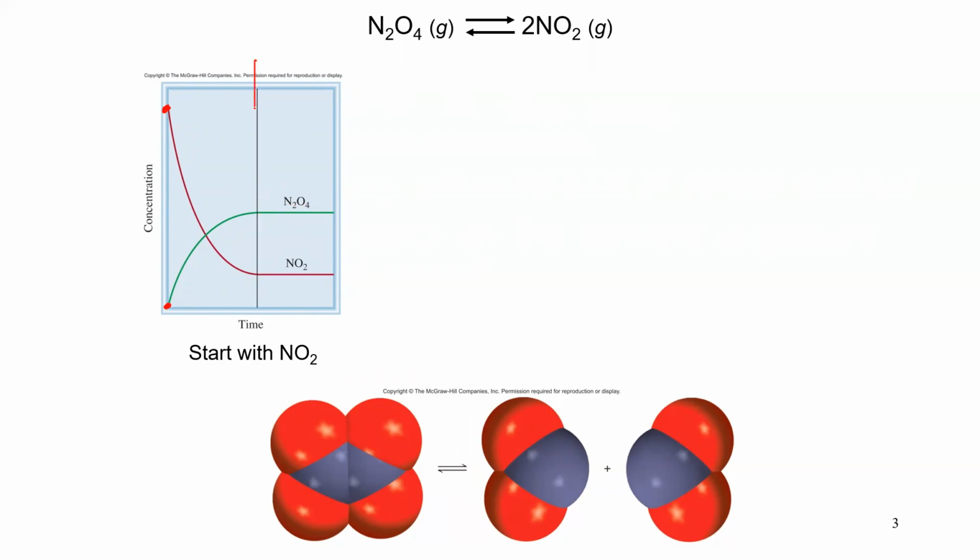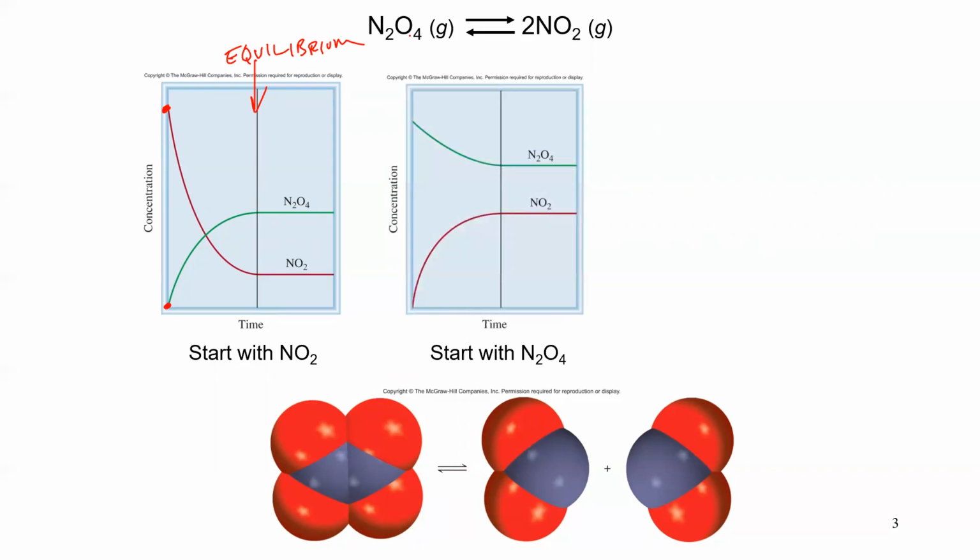And so this line right here is the time at which we reach equilibrium. Now, we will reach equilibrium even if we start with just N2O4 rather than starting with NO2. Here we have only N2O4 and we have no NO2. We still reach that equilibrium.